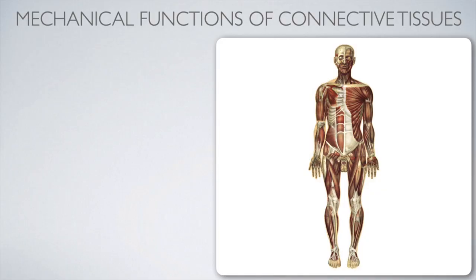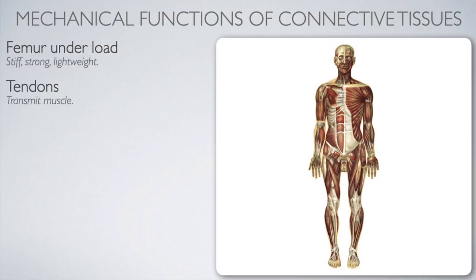And so it's in this context that we can consider these major mechanical functions of connective tissues. So we have, for example, a femur, a bone, under load. And in that situation, what does the bone provide? Well, it's stiff and it's strong, but yet it's relatively lightweight. We have tendons, as I've mentioned, which transmit the forces generated by muscles.